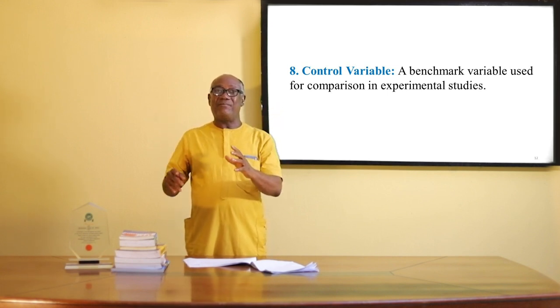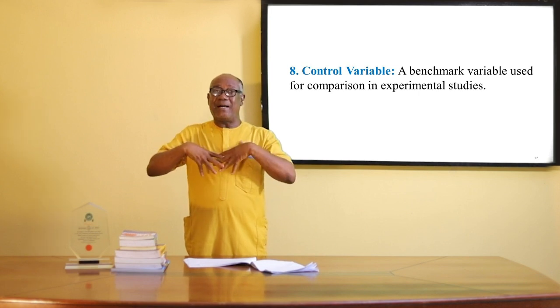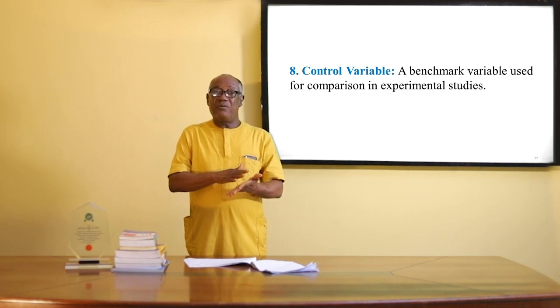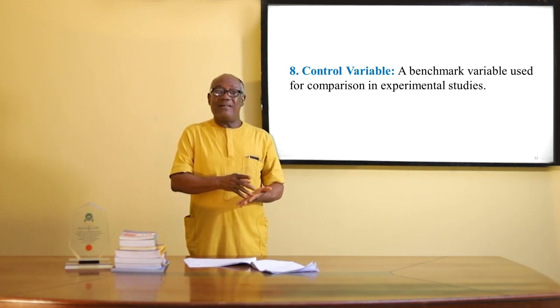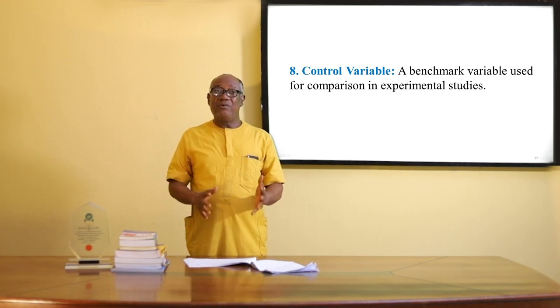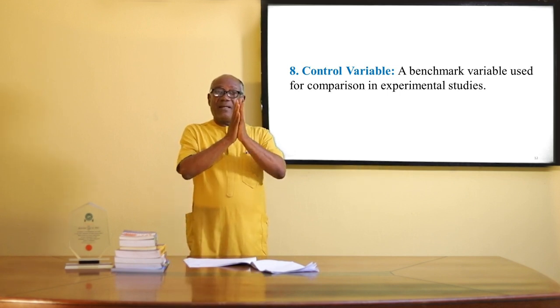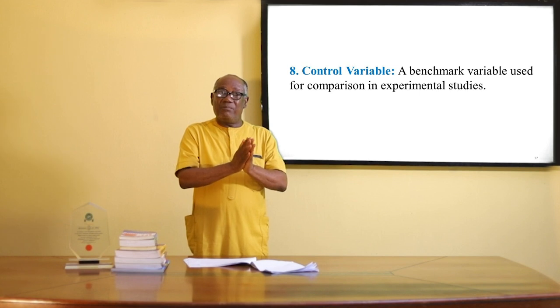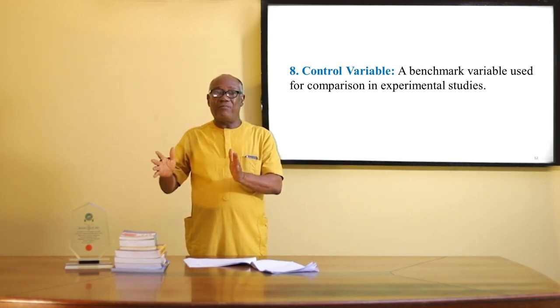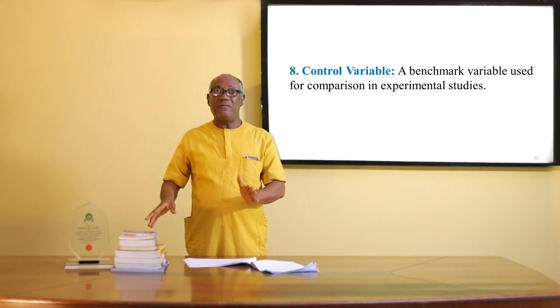So if I have demonstration method as my independent variable, then the control variable will be the lecture method. I will use the outcome of lecture method to compare with the outcome of demonstration method.